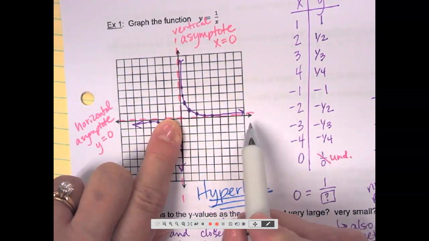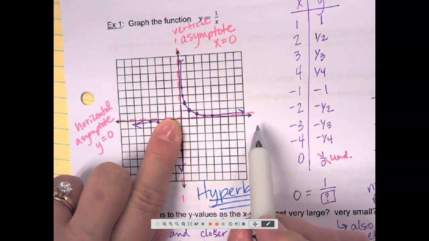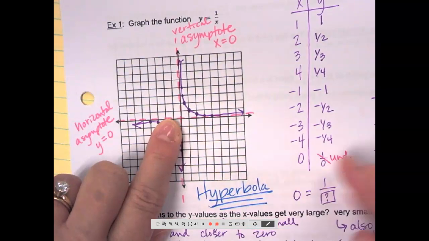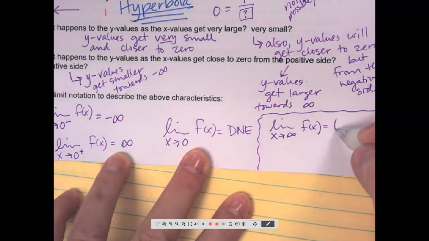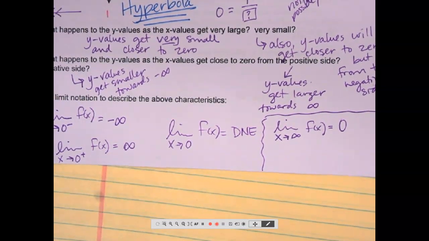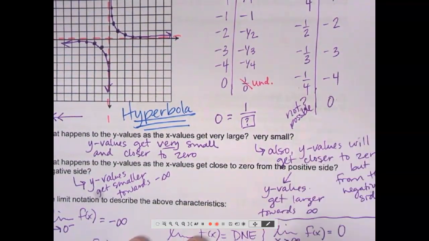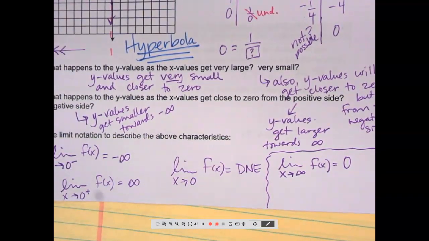What's happening to the y values? They're getting smaller and closer to 0. So I have a limit of 0 there. As x's get bigger, y's get closer to 0. Will they ever get to 0? No, we already said we can't have a y of 0, but that doesn't matter. Remember, limits are about what you are approaching.